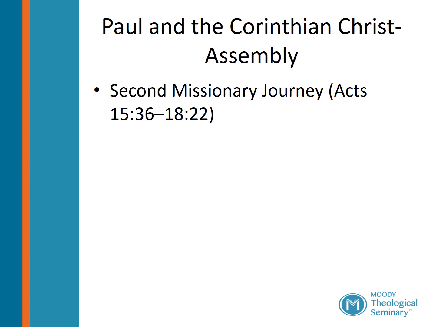Right, so when we tend to think about information that we're going to get about 1 Corinthians, about the relationship with the Corinthians, it's going to come from material in the book of Acts. And in here we're talking about the second missionary journey that's detailed for us in Acts 15:36 to 18:22.